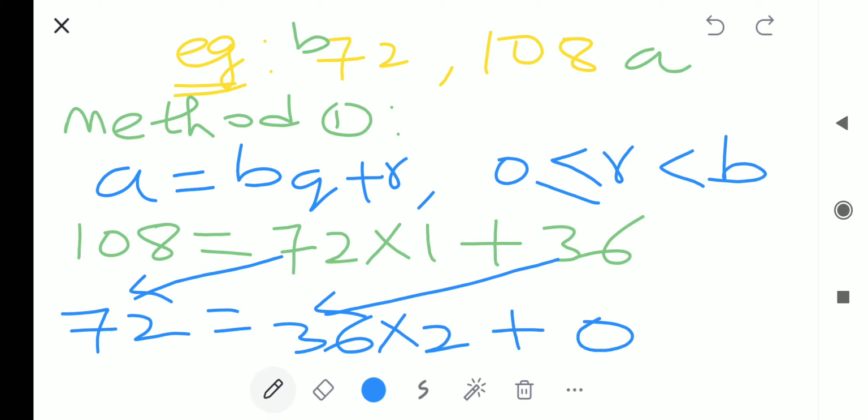So 36 twos are 72, 72 plus 0 is 72. So in this I got remainder 0. In A is equal to BQ plus R, R value we got 0. Whenever you get remainder 0, the last divisor will be called as HCF.